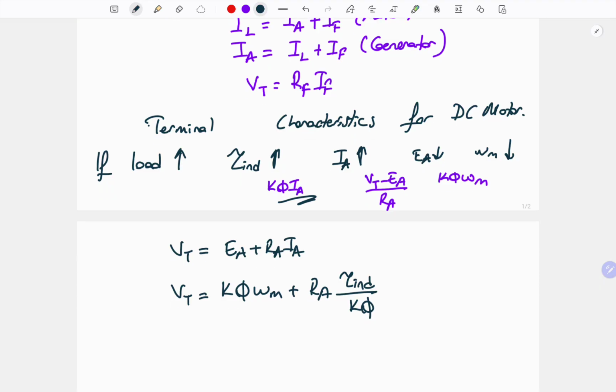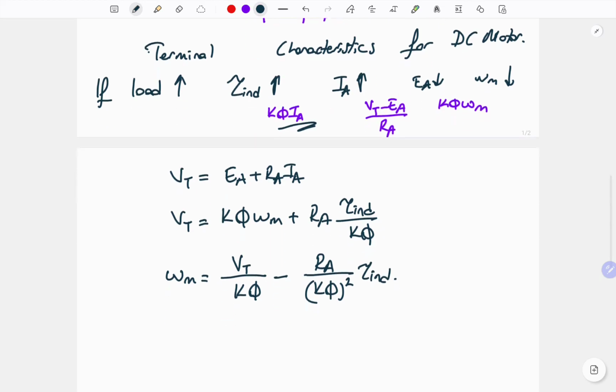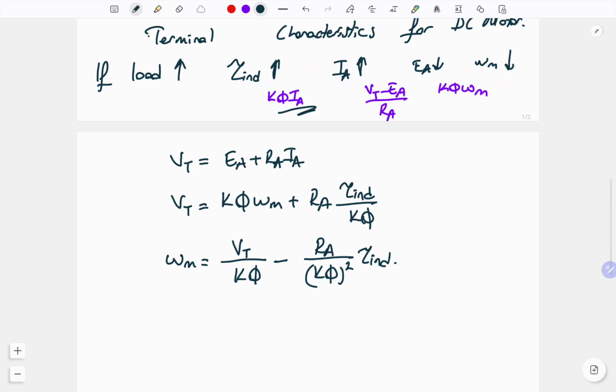Let's rearrange the expression to find an expression for WM, the motor speed. What we will obtain is VT over K phi minus Ra over K phi squared times the induced torque. From here, we can determine how much variation we will obtain when we increase the induced torque step by step. And there will be a negative slope between the induced torque and WM.